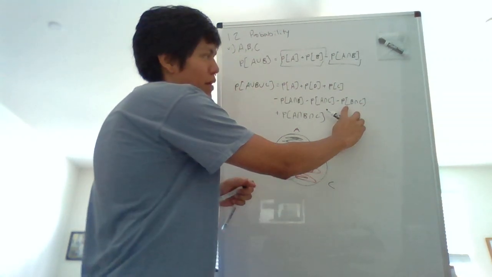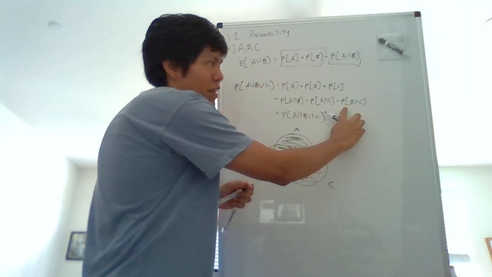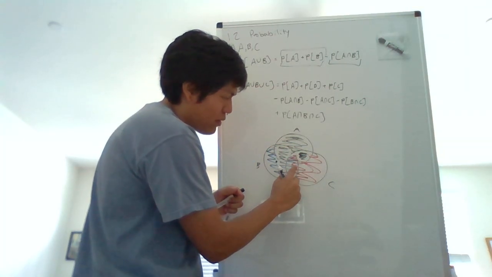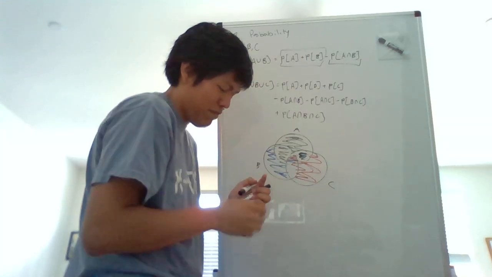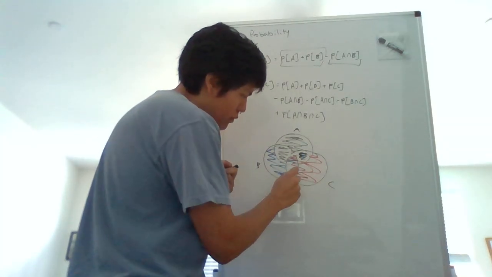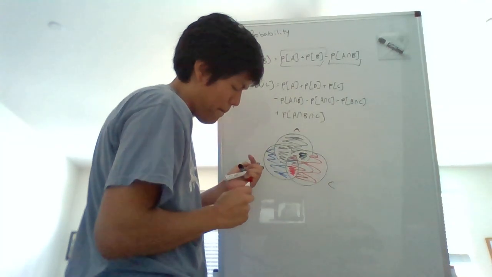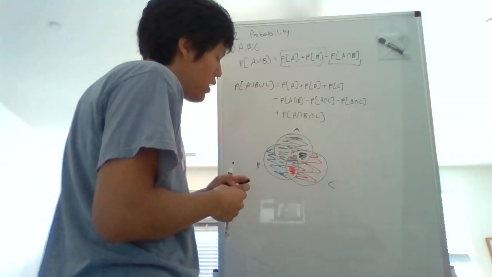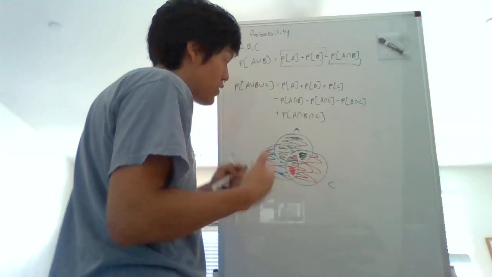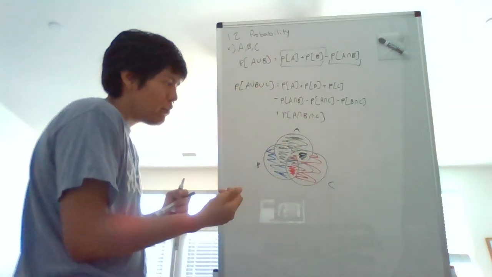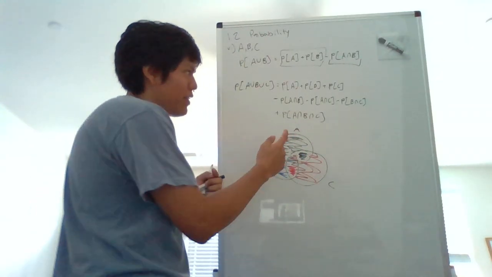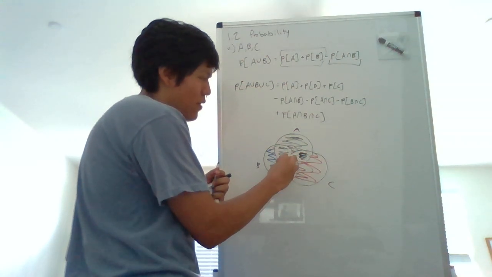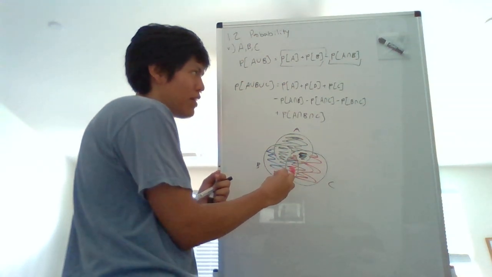And then we subtract one probability of B intersect C, right here where it's blue and red, so let's just make it red. So effectively, we have added all three probabilities together.